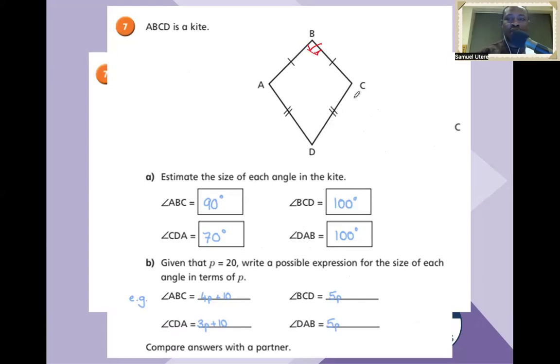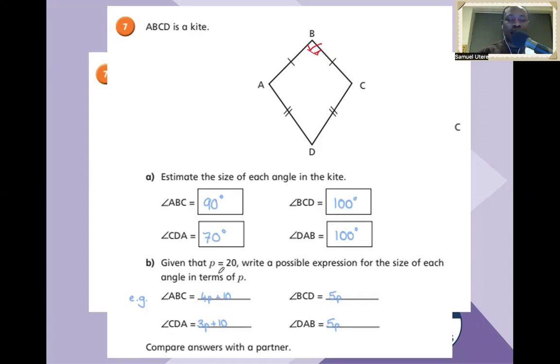CDA will be 70 degrees. And DAB will be 100 degrees. So remember, for a kite, these opposite angles are equal. So if that is 90, you can estimate that to be slightly larger, and then you can use the sum of angles in a quadrilateral, which is 360 degrees, to get that one.